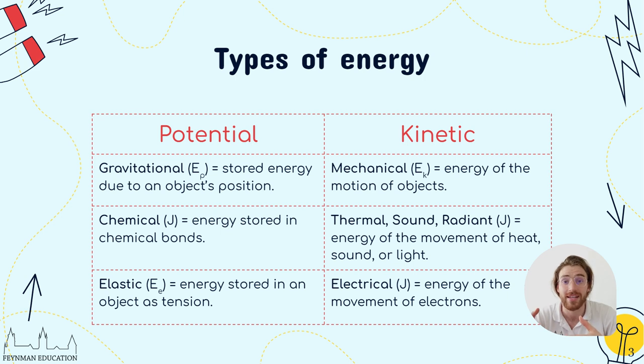Like our food, if you look at the back of a food wrapper, it'll say the amount of kilojoules in that food. That's how much stored energy there is in that food. And then finally, we have elastic potential energy. If you've ever been hit with an elastic by someone, or if someone takes an elastic and stretches it back, you're going to flinch without it having hit you.